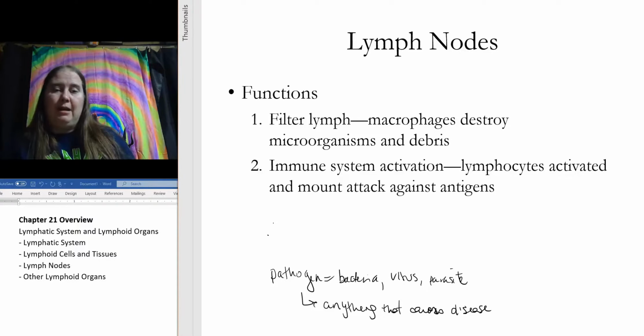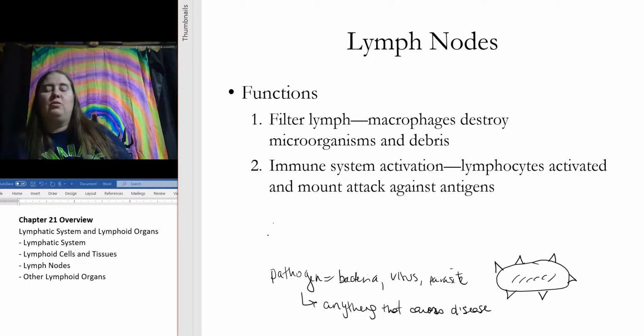If we designate this little thing as a pathogen, we'll draw a little X. On the surface of these pathogens are their antigens, just like on the surface of our red blood cells. So I will often interchange the notion of a pathogen and an antigen, because if we elicit an attack against the antigen, which is on the pathogen, we're eliciting an attack to the pathogen as well.